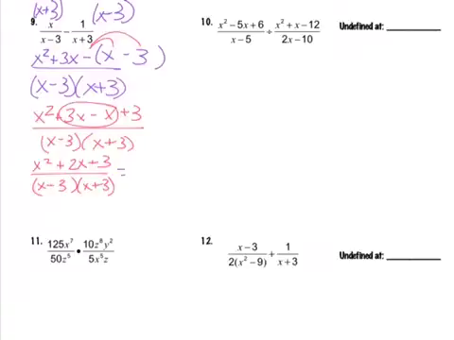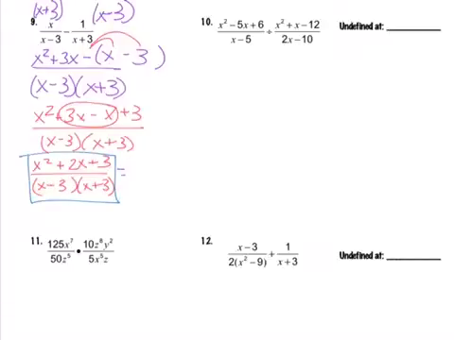Actually, I know I can't, because the factors of 3 are 1 and 3, or to get a positive 3 I would have to have negative 1 and negative 3, or positive 1 and positive 3, and neither of those add up to 2. So this is actually my answer.